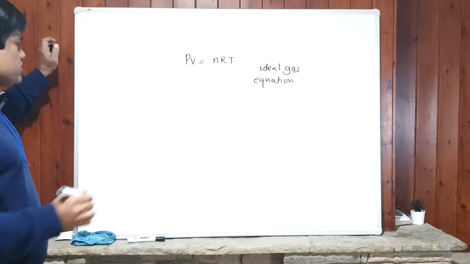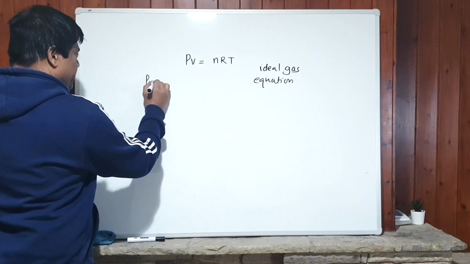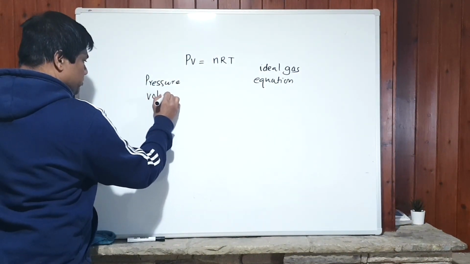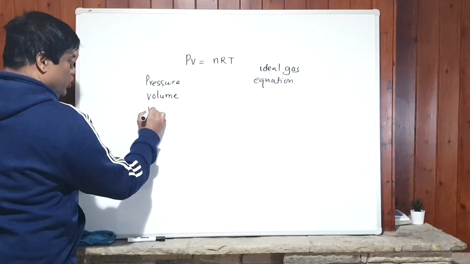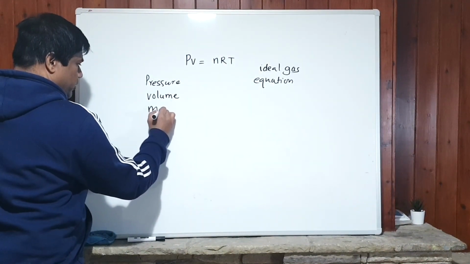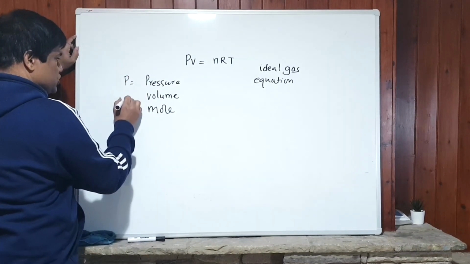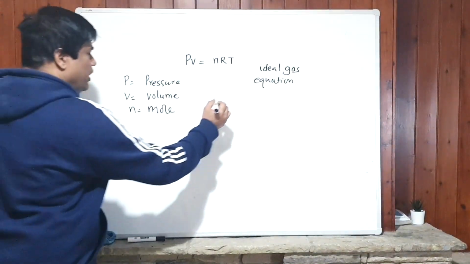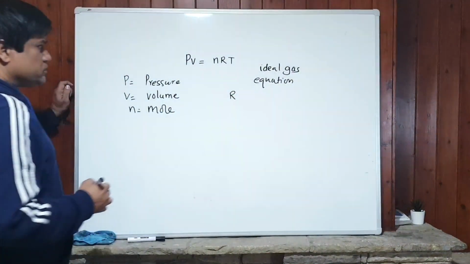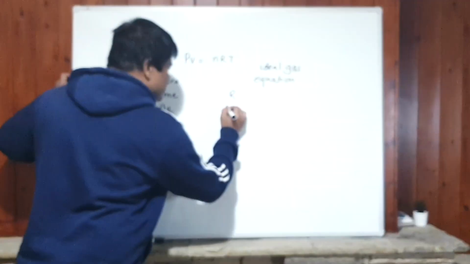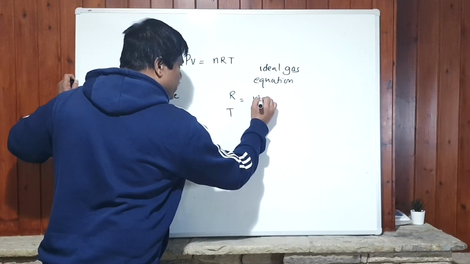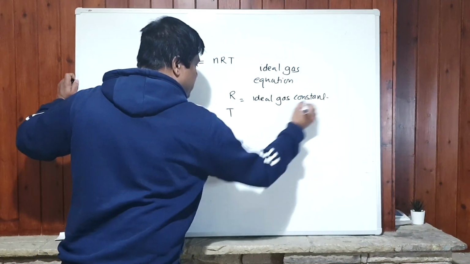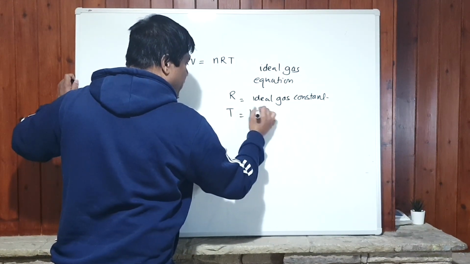Where P represents pressure, V is nothing but volume, n is the number of moles, R is the ideal gas constant, and T equals temperature in Kelvin.